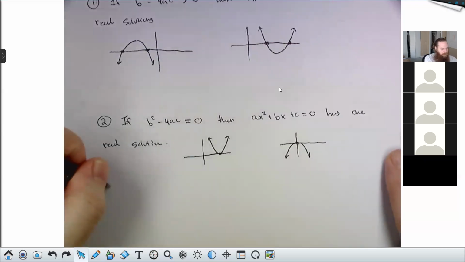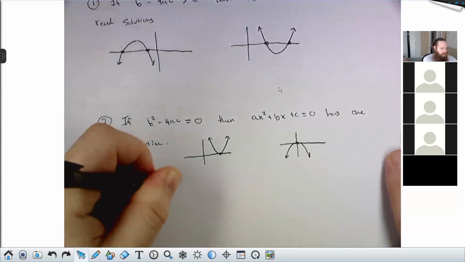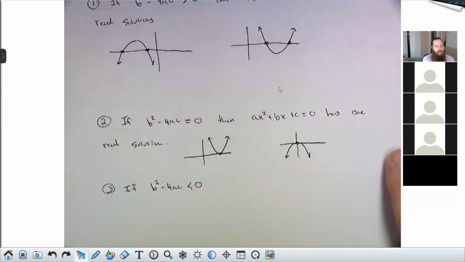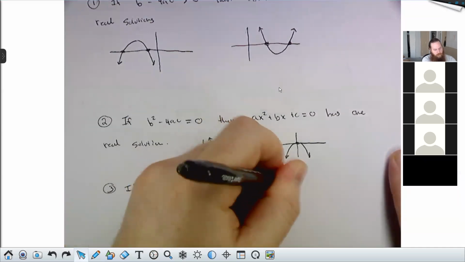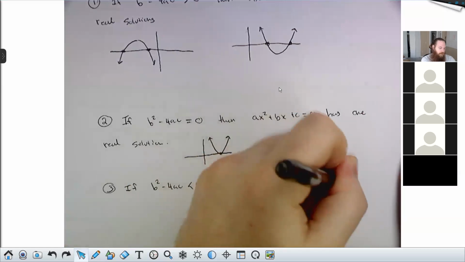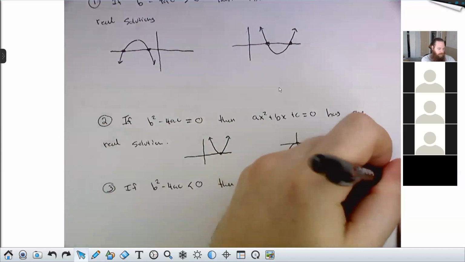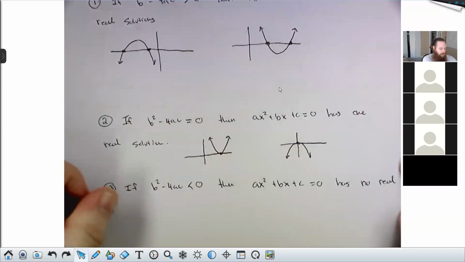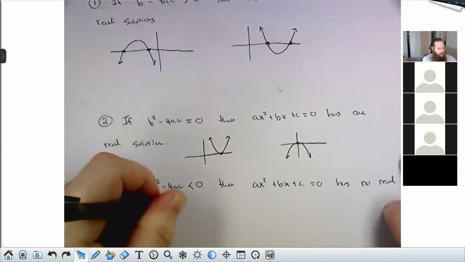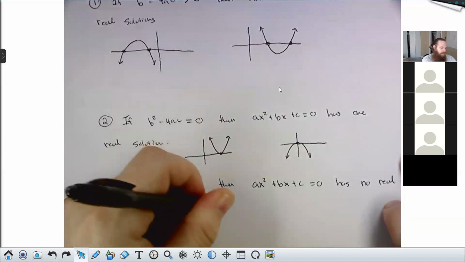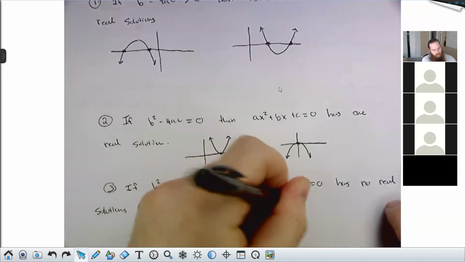And then the last possible case is if b squared minus 4ac is less than 0. If it's negative, then the equation ax squared plus bx plus c equals 0 will have no real solutions, but it will have 2 complex conjugate solutions.